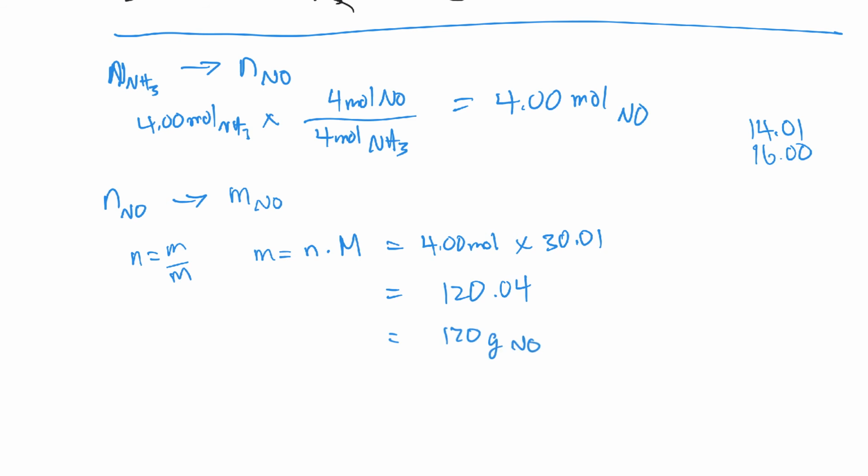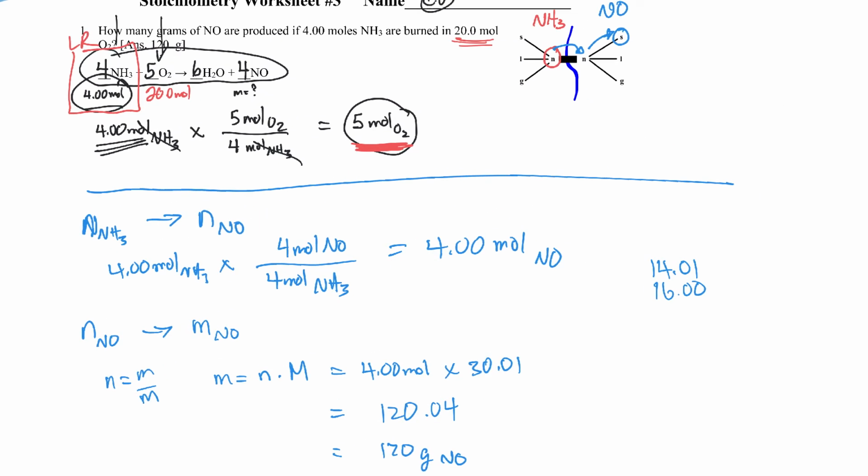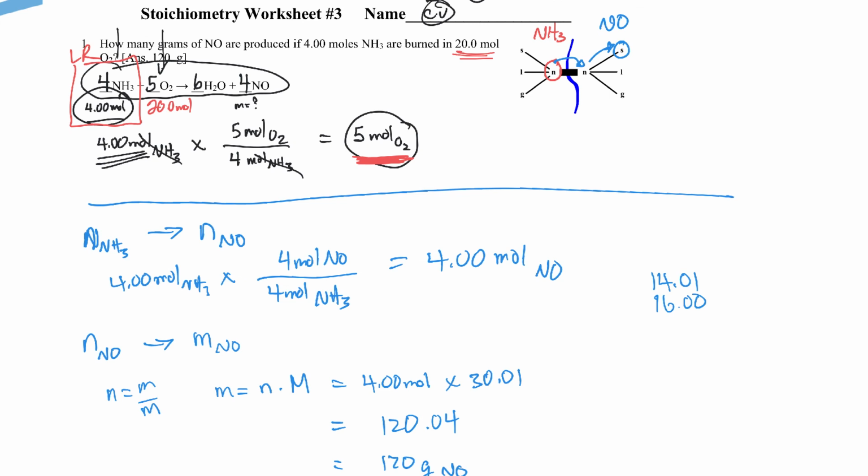One other thing I wanted to mention about this question, if I go up to the top part there again, this step here, I'll do it in green, this step here was to determine how much oxygen you would need if I used up all my ammonia. I came out to 5. When I compared that with the original amount that's in the tank, 20, I could see that oxygen, I have plenty of it.